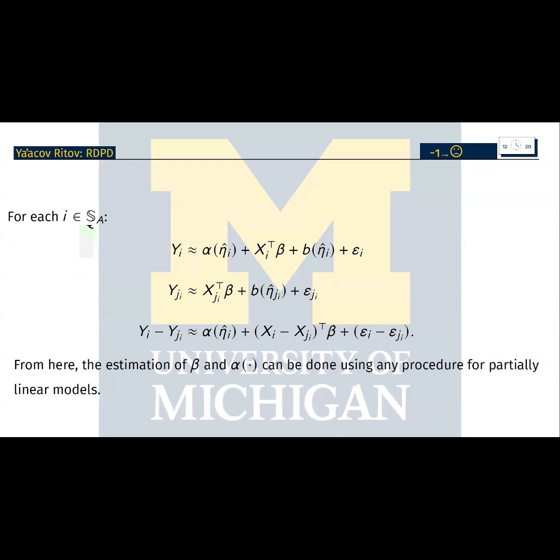So for each student in the admitted group, I have this equation, and for each student who is coupled with him, I have this equation.